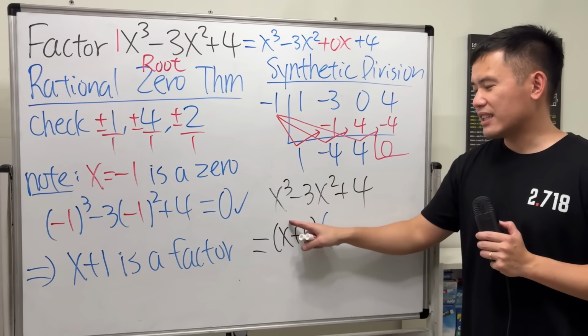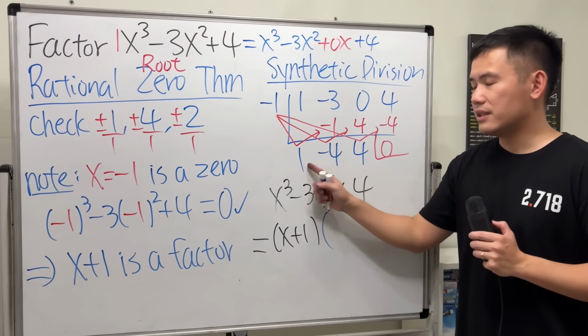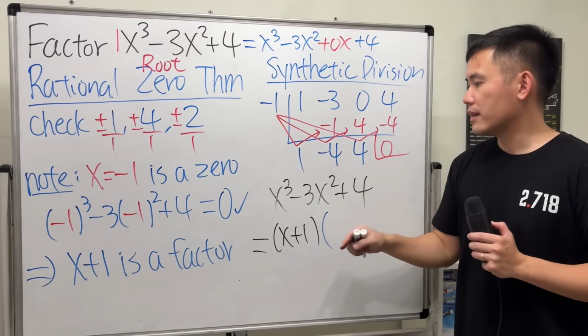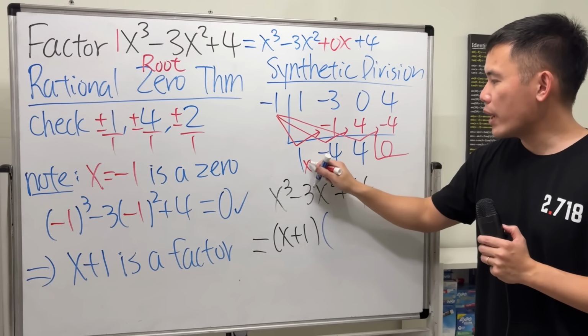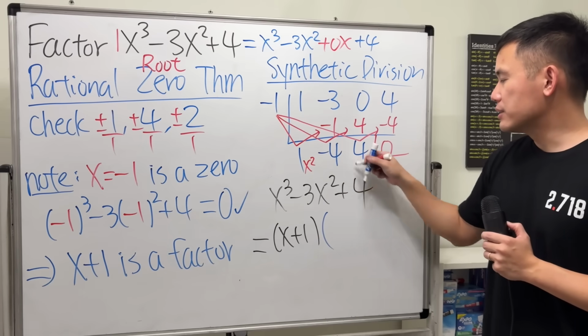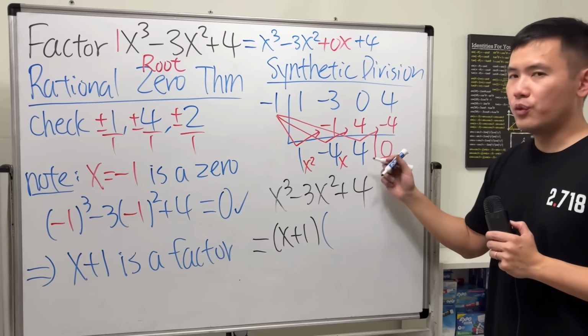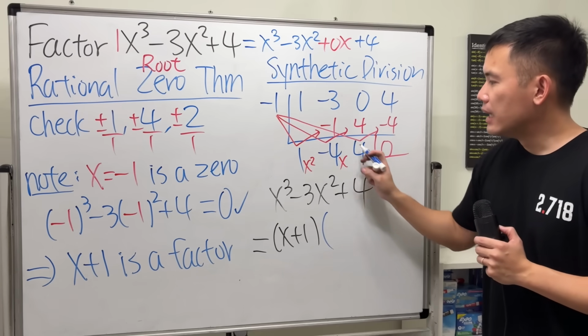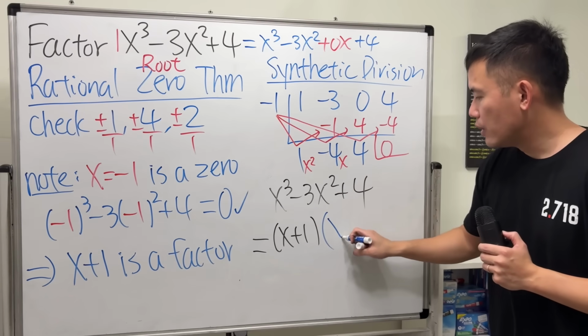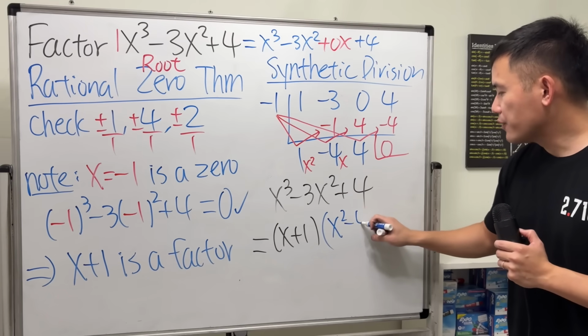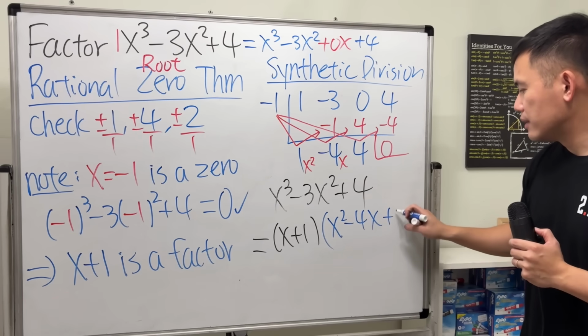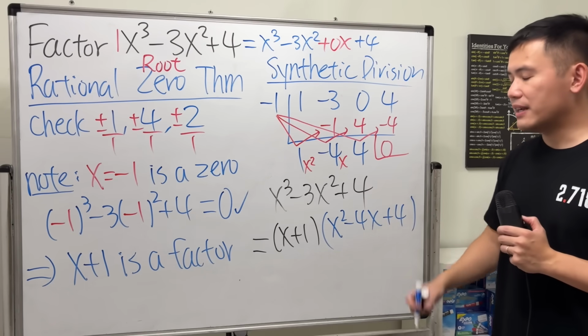We factored out x to the first power, so the power goes down by 1. So we have 1 x squared, and then right here minus 4x to the first power, and then plus 4, just a constant term. So this tells us we have x squared minus 4x plus 4 as our second factor.